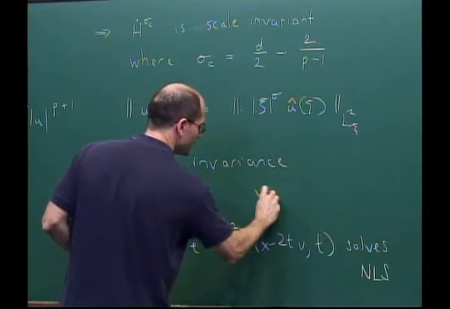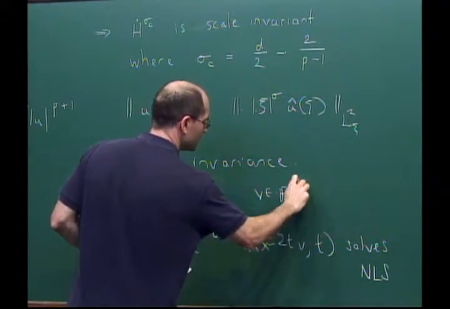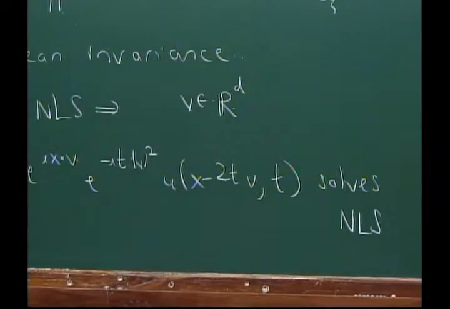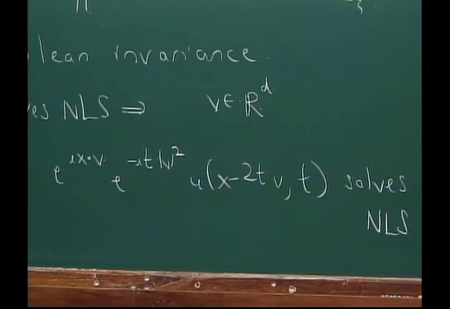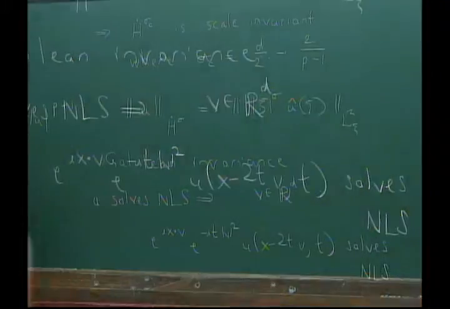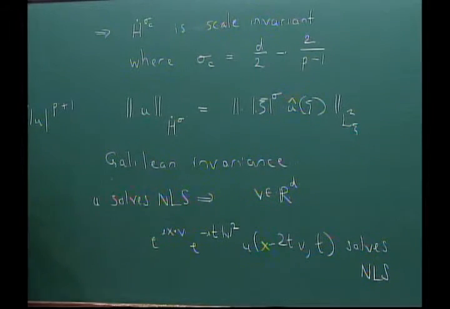And that's for any fixed velocity v. So what that does for you is, if you have a solution which is roughly stationary, it gives you one that's traveling with speed v.